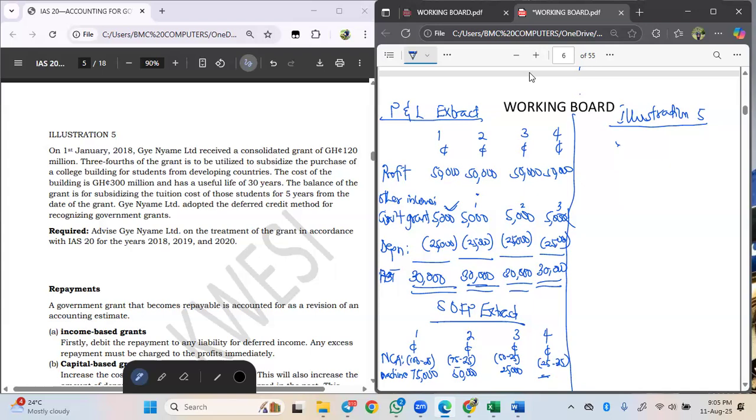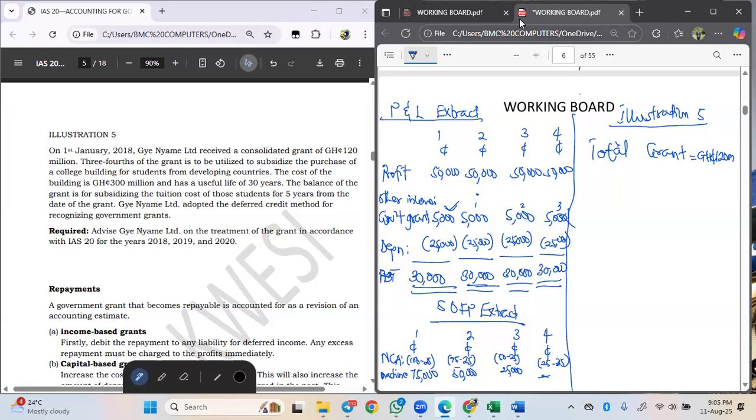The balance of the grant is for subsidizing the tuition cost of these students for 5 years from the date of the grant. Junior Mail Limited adopted the deferred credit method for recognizing government grants. So we are to advise Junior Mail Limited on the treatment of the grant in accordance with IAS 20 for the years 2018, 19, and 20.